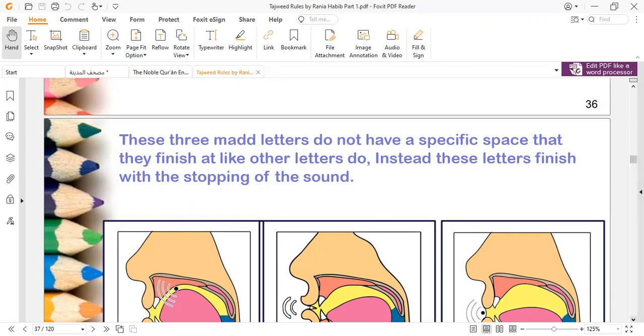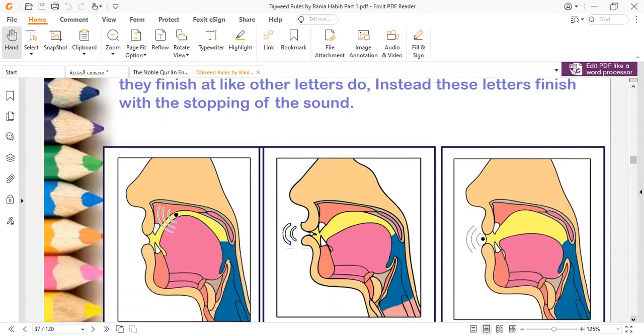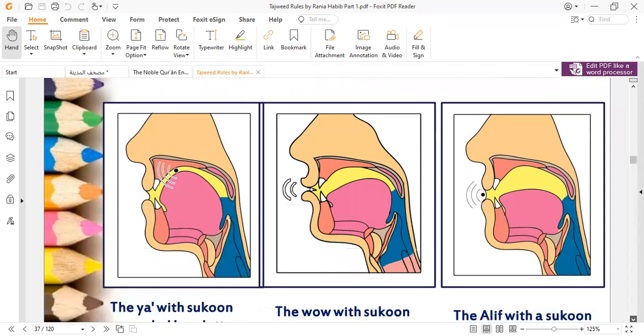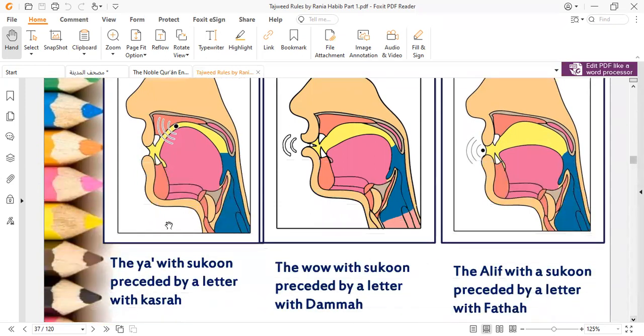So let's see where each of these three letters stops. Here we have the ya, and not any ya. It's supposed to be the lengthened ya. And we know the conditions that make the ya a lengthened letter, which is that it is supposed to be ya sakina preceded by a letter with kasra. Kasra is the short partner vowel for the ya. Then this will be the lengthened ya. Let's try it by saying e.